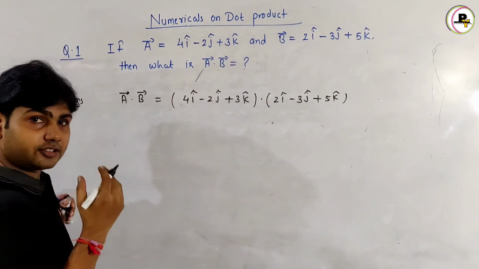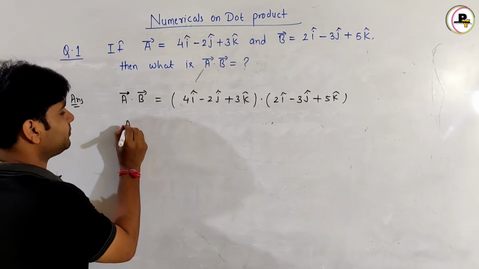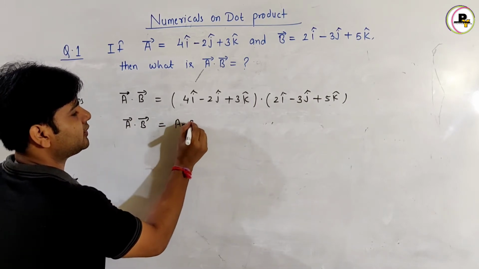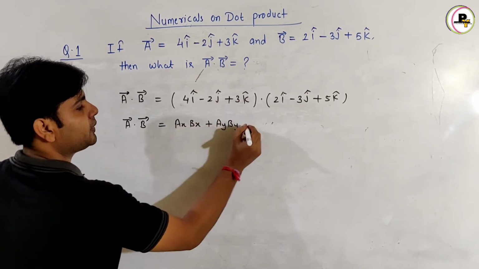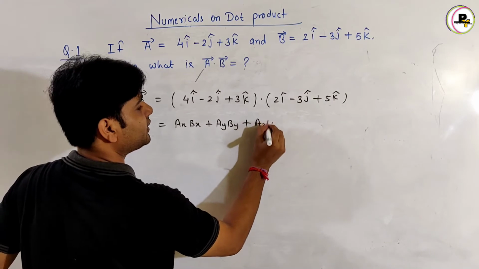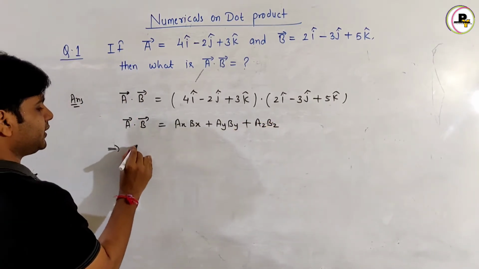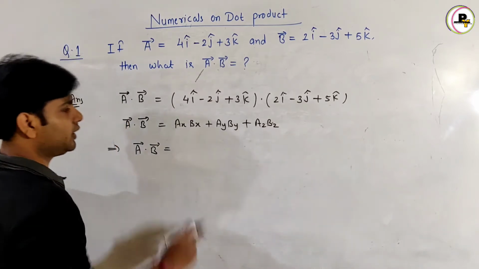Now as I know, the dot product by component definition is equal to ax bx plus ay by plus az bz. Therefore, using this definition, I can write a vector dot b vector equals ax bx.